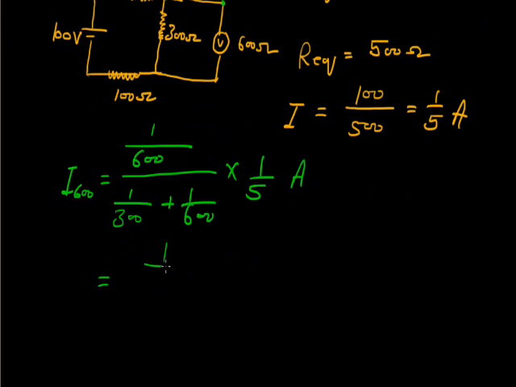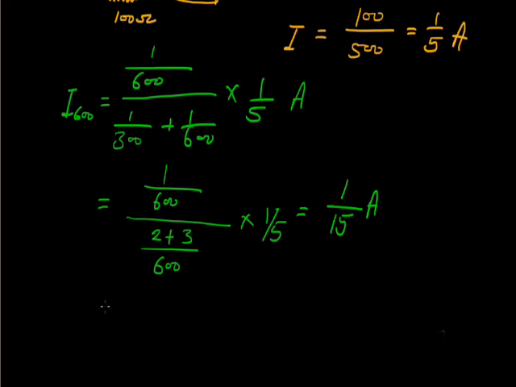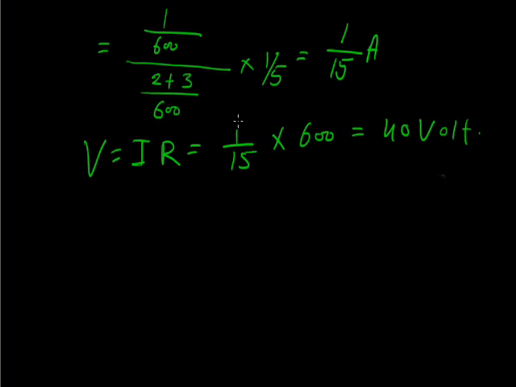It is equal to 1 by 600, 2 plus 3, into 1 by 5. It is equal to 1 by 15 ampere. Now the reading of voltmeter V is equal to IR. So it is equal to 1 by 15 into 600, that is 40 volt.